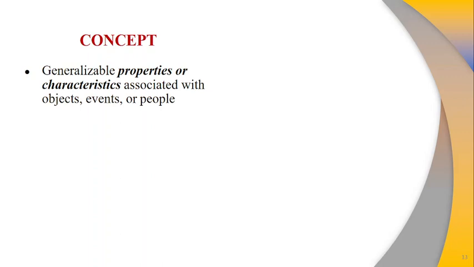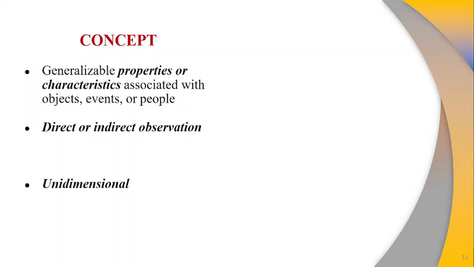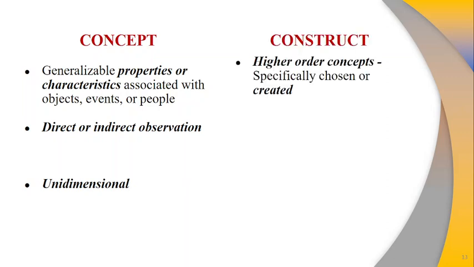Now, as we are concluding, let us look into the main differences between concept and construct. A concept is a property or characteristic associated with an object, event, or people. A concept can be tangible, where you can directly observe it, or it can be by indirect observation. Usually, lower order concepts are unidimensional. Coming to construct, a construct is a higher order level of concept.